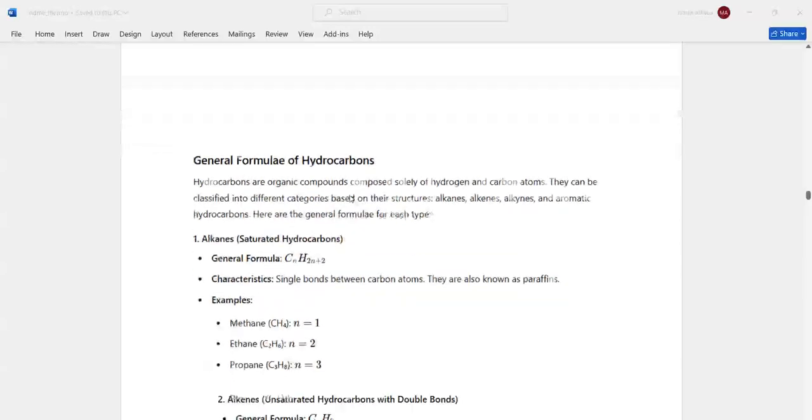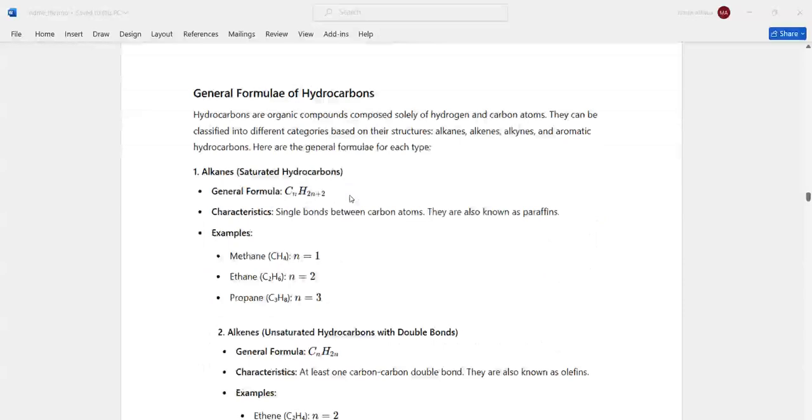So ladies and gentlemen, I now want to take you through the general formulae of the common hydrocarbons, which at least you need to have a glimpse of and understand. One is alkanes. Alkanes are saturated hydrocarbons, and they have the general formula CnH2n+2. Methane has one carbon atom, so n is the number of carbon atoms.